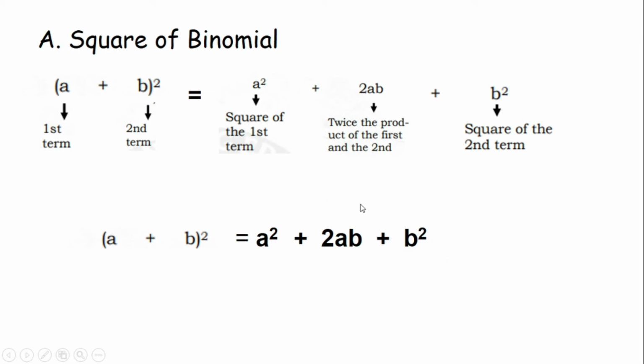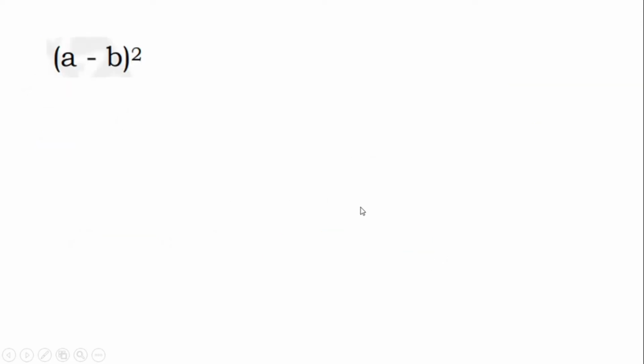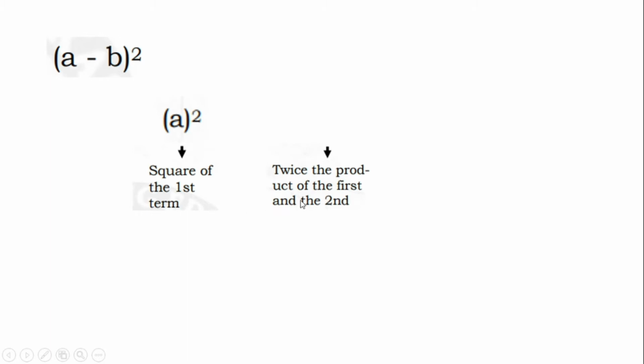Paano naman pag negative? So we have a minus b naman. Paano pag ang binomial ay a minus b? So we have the first term again is a and the second term is negative b. So we square the first term, we have a squared ulit. Now, twice the product ng first and second term, gaya ng ginawa natin kanina.